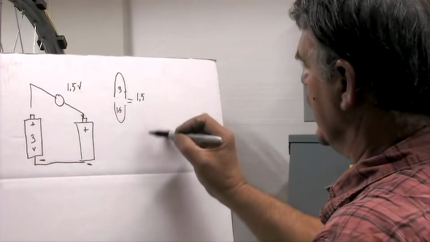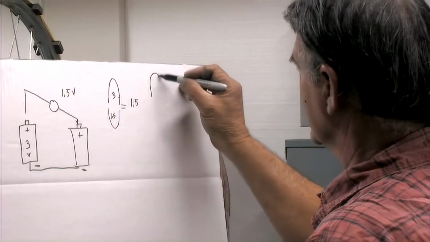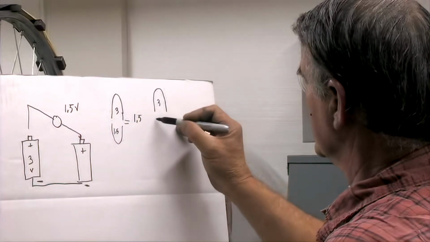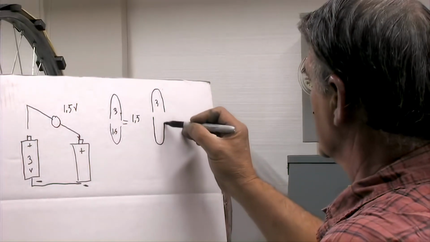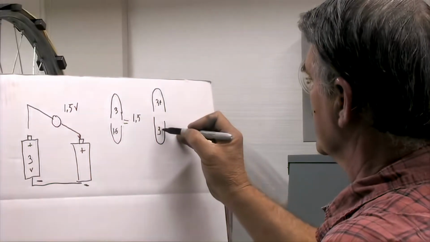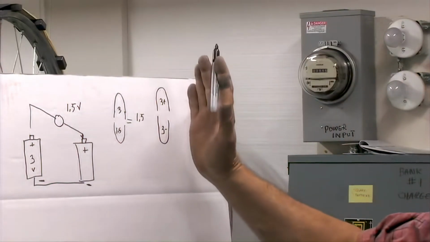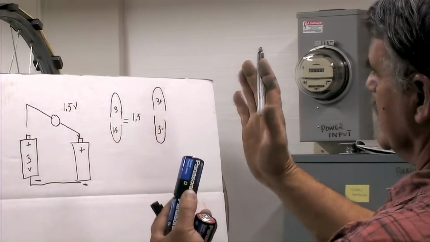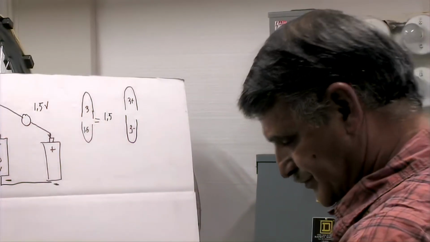Okay, now if we have a wave that's 3, and a wave that's 3 plus and minus, they're in the same relationship. So we've altered the frame.